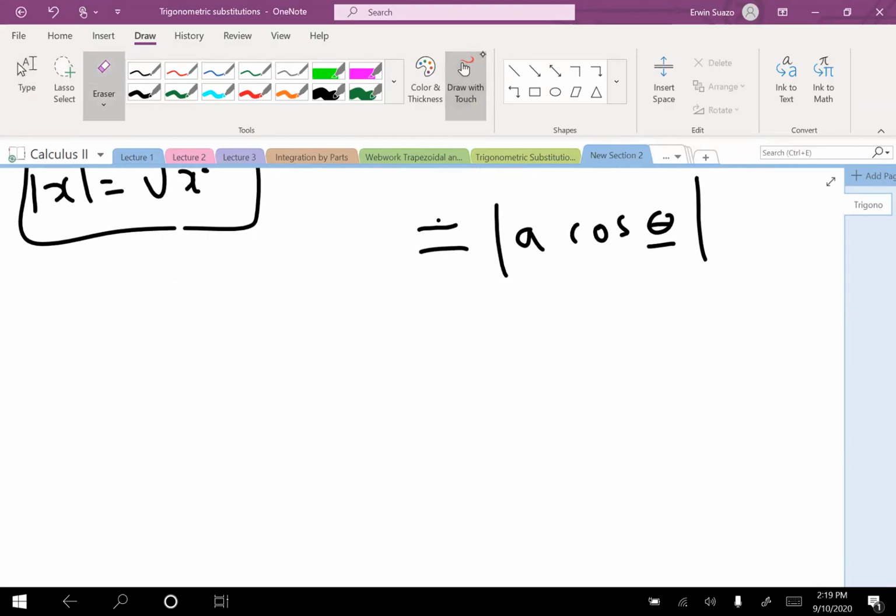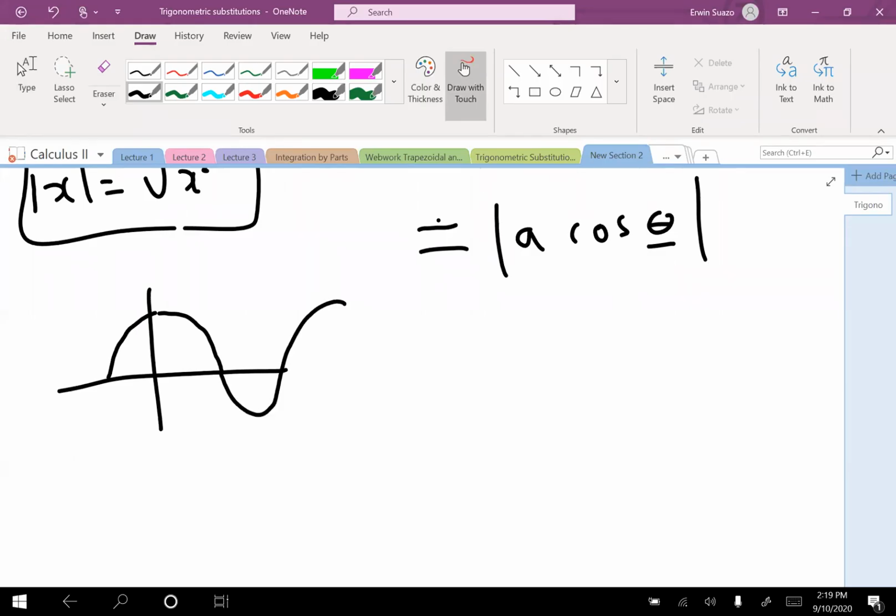Cosine goes something like this and like this, and then goes all like that. So this is 0, this is pi halves, this is pi, this is 3 pi halves, and this is 2 pi.